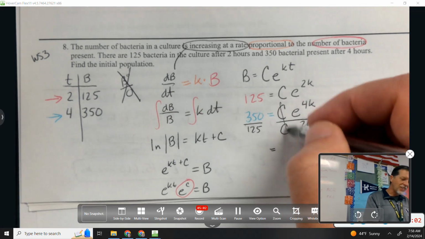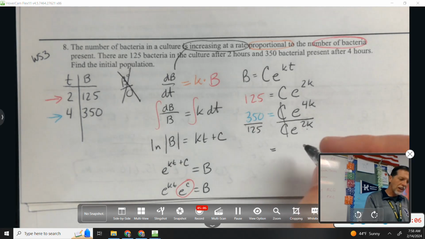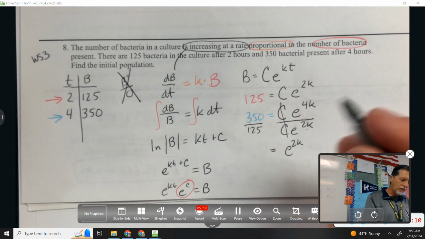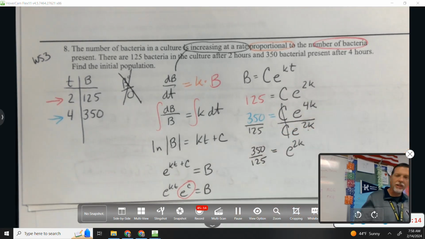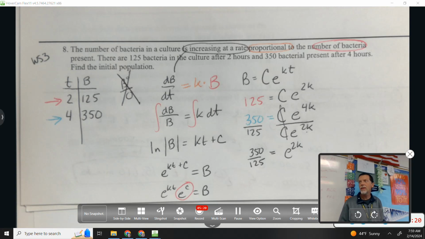The c's cancel. And what's e to the 4k divided by e to the 2k? e to the 2k. And I'll just leave that as 350 over 125. I'll have a calculator, so. Okay, so now I'm on the road to finding k. But yes, there was a crazy step where I divided one equation by another to make the c's go away.